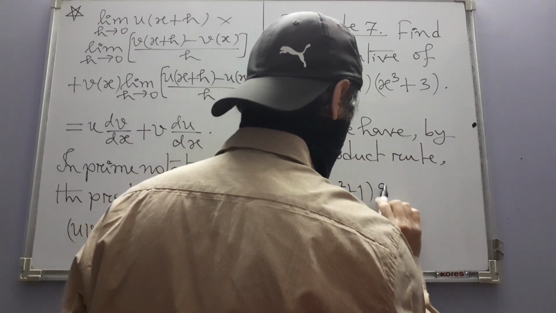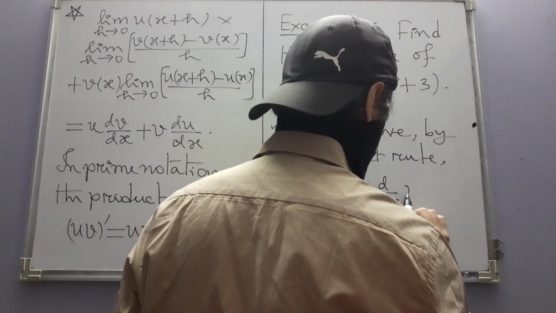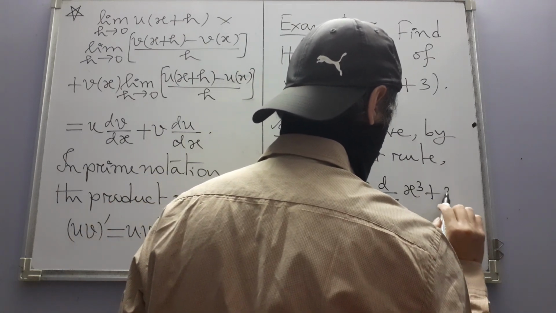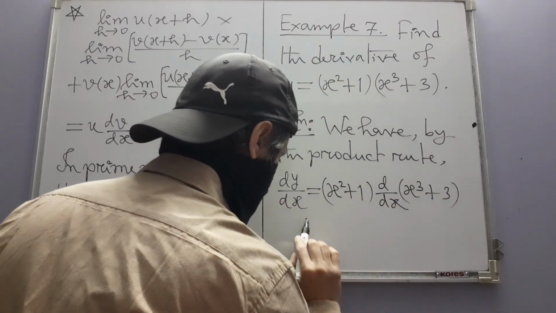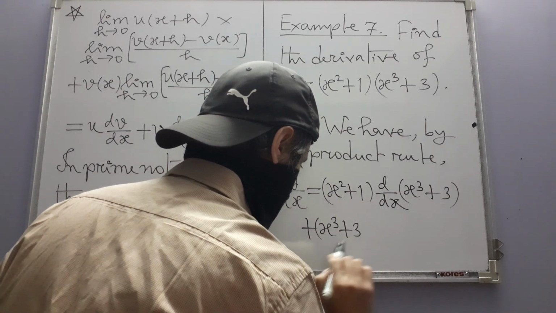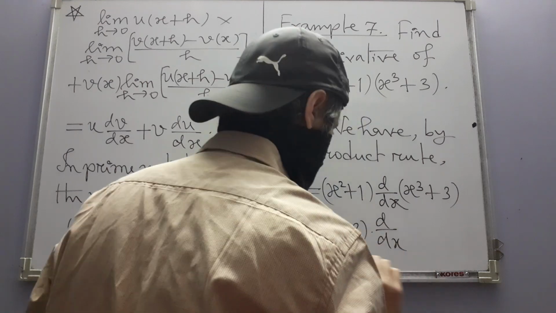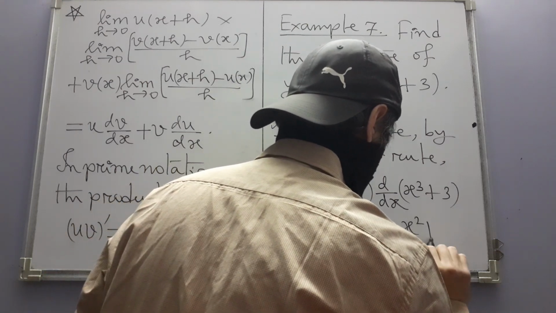So we have to then multiply it with the derivative of the other factor, plus, then we keep x cube plus 3 as it is and multiply it with the derivative of this.